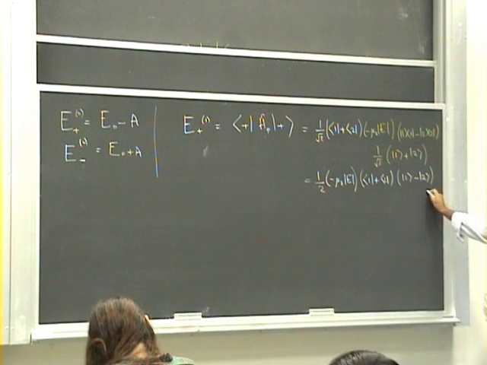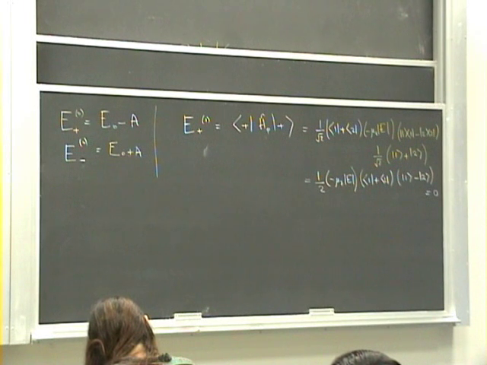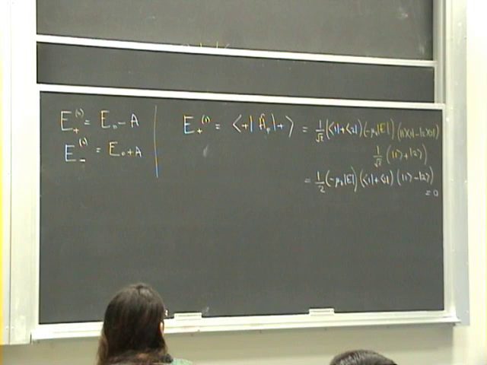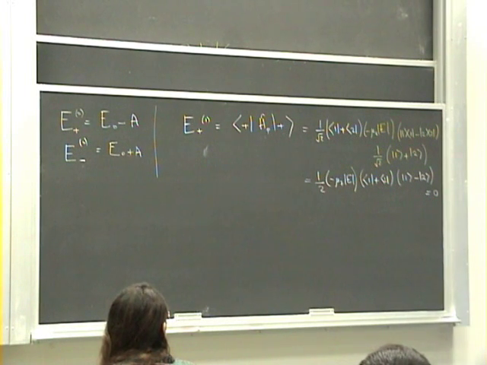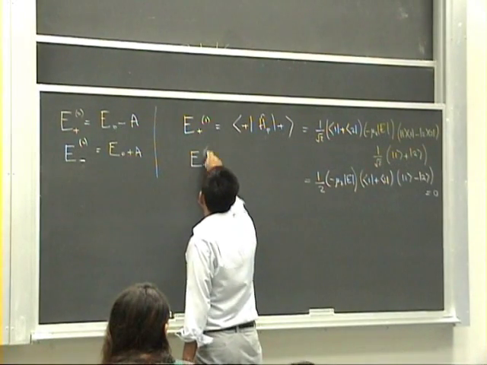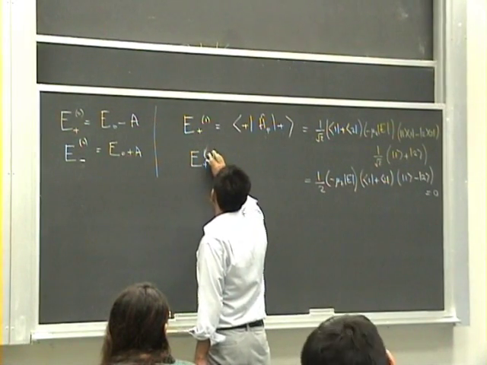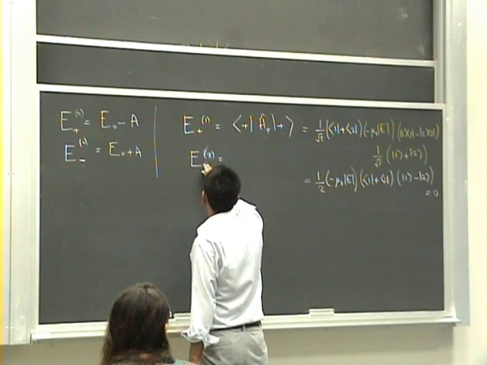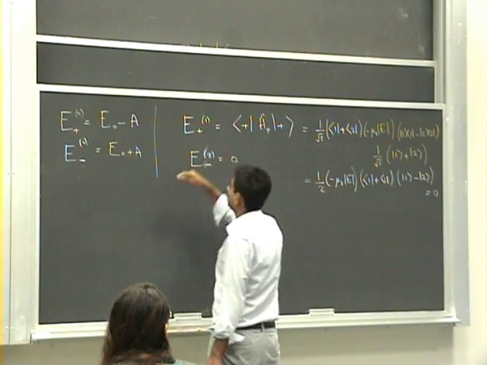And this becomes 0. Up to first order, there is no change in the energy. Okay? Likewise, up to first order, there will be no change in the energy of the other state.